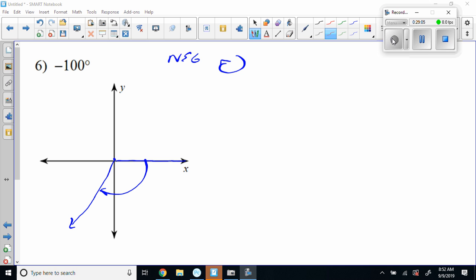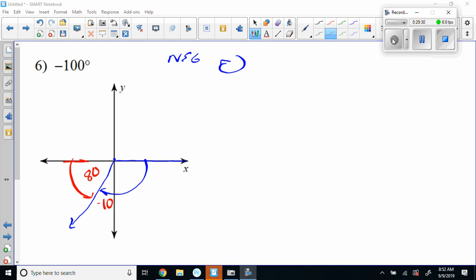You could put negative 10 here, right? Or 80 there. It doesn't matter.